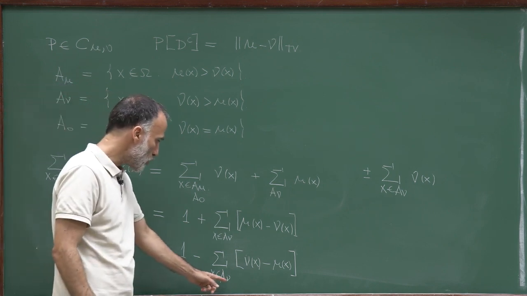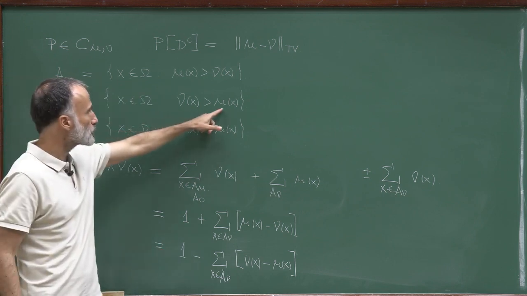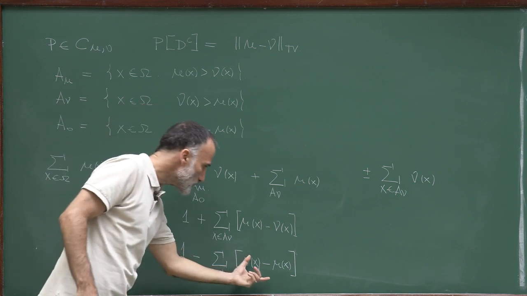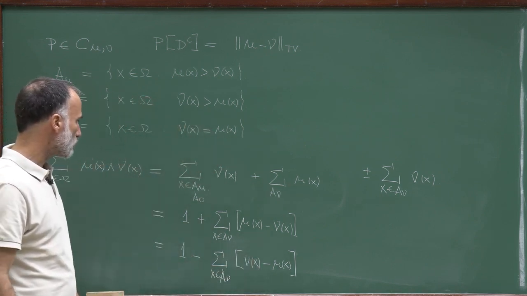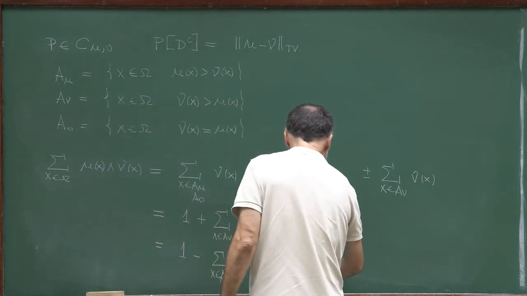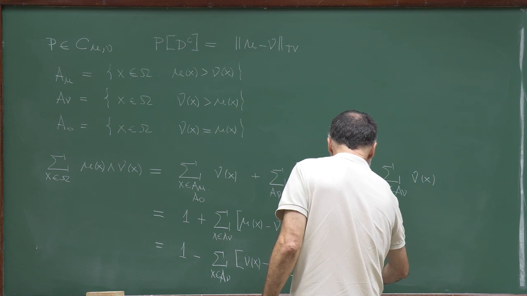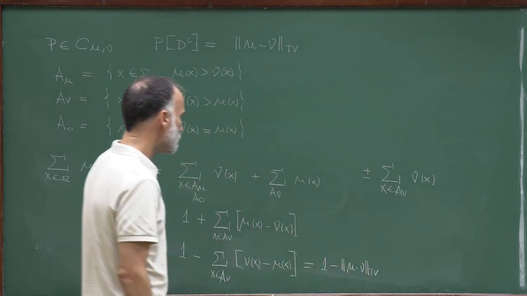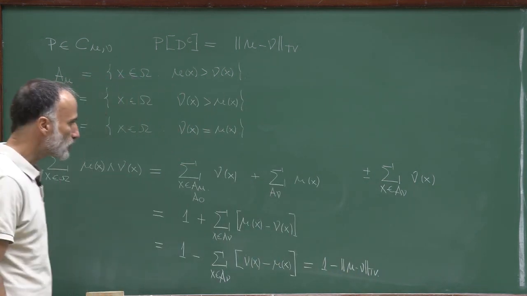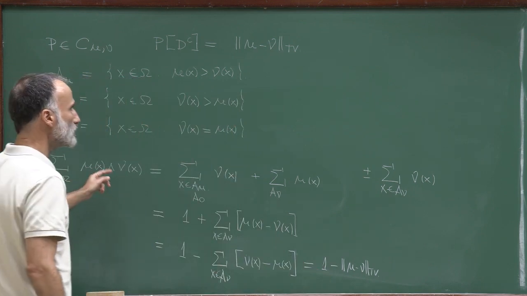So I'm summing over all points x at which nu is larger than mu. I'm summing the difference, and we have seen that this is exactly the total variation. So this is 1 minus the total variation between mu and nu. And from this computation, I conclude that the total variation is equal to 1 minus this sum.